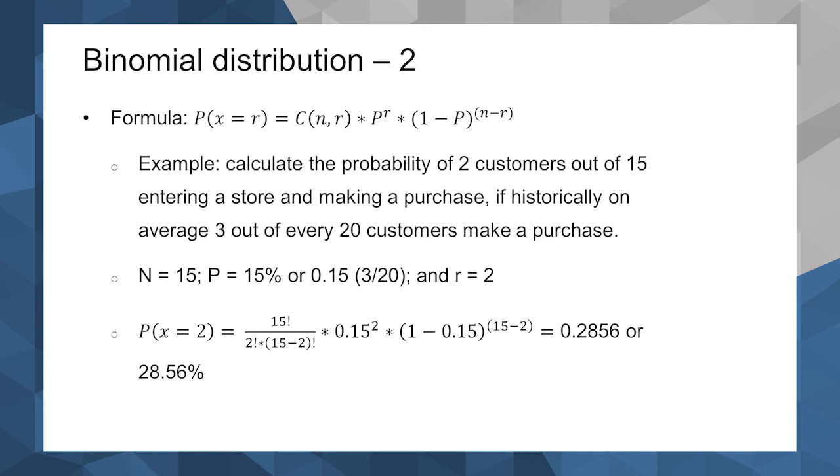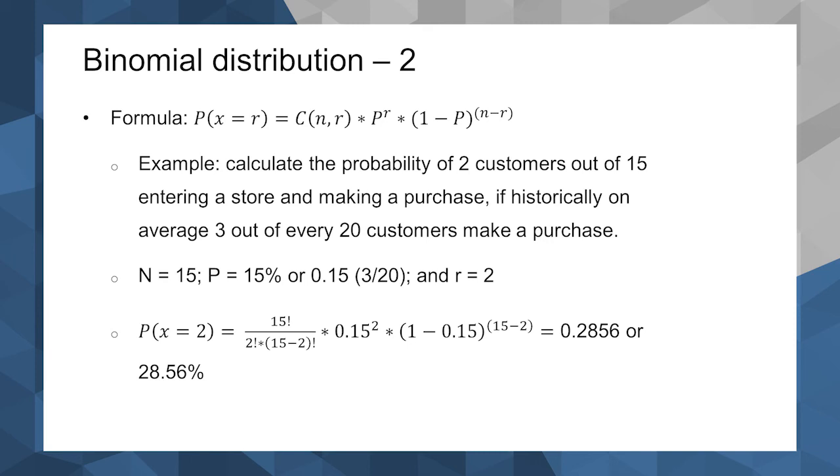So you do exactly the same calculation, but you would replace 2 factorial with 0 factorial and 15 minus 0, so there's only 1. And then you do 0.15 to the power of 0 times 1 minus 0.15 to the power of 15.